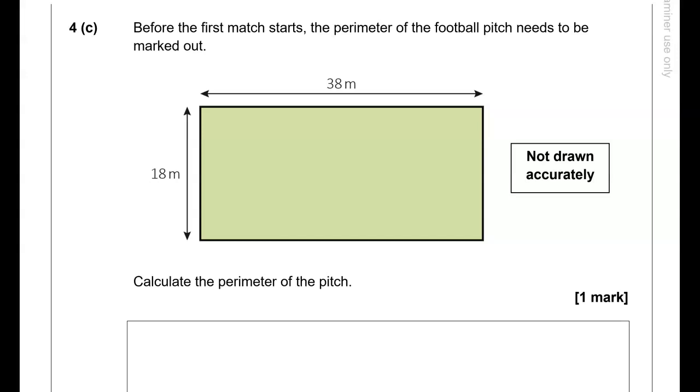Before the first match starts, the perimeter of the football pitch needs to be marked out. Calculate the perimeter of the pitch. So perimeter is the rim going outside. So we'd need to add this and this and this and this side. So this one will be the same as this one here, 18 meters, and this one same as this side here, 38 meters.